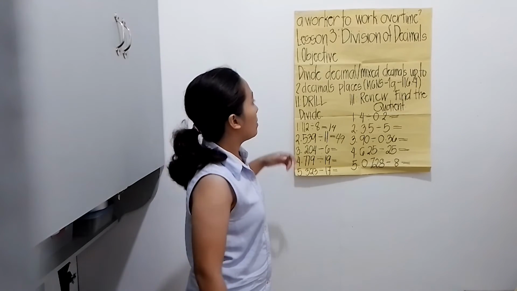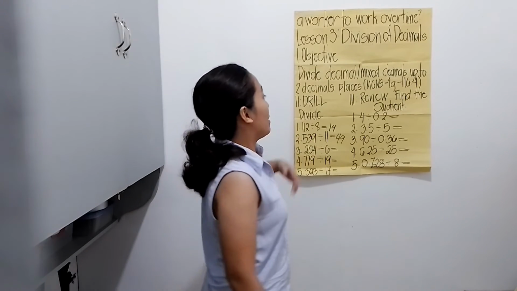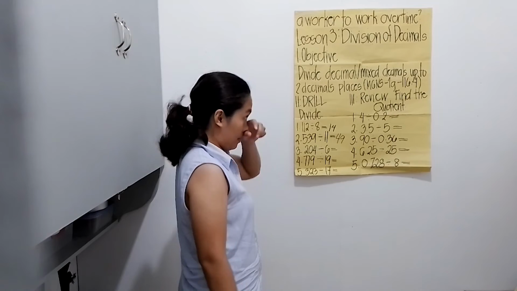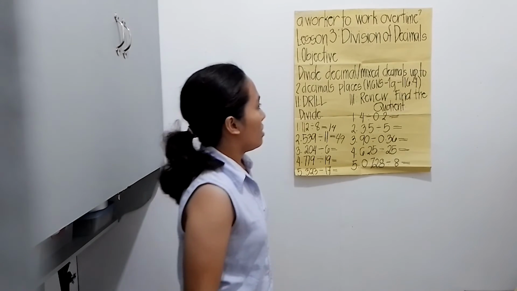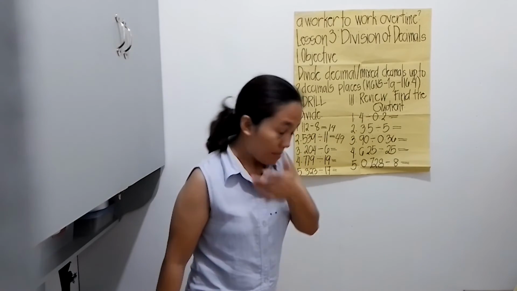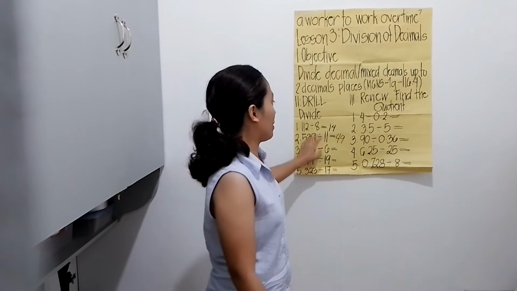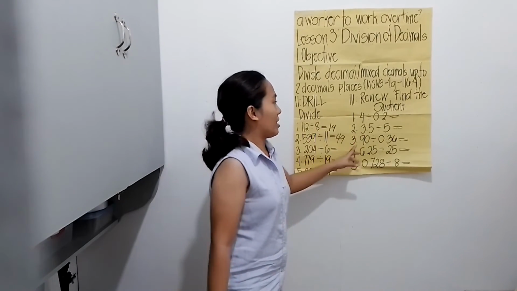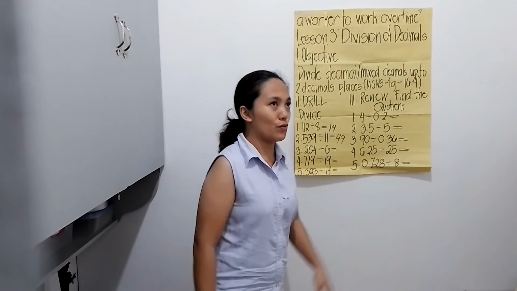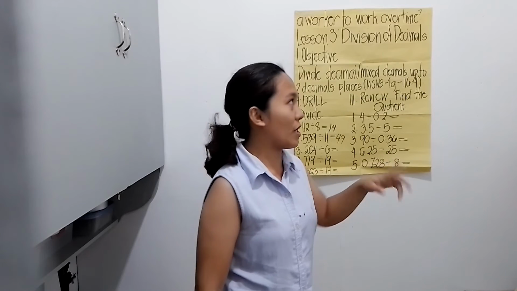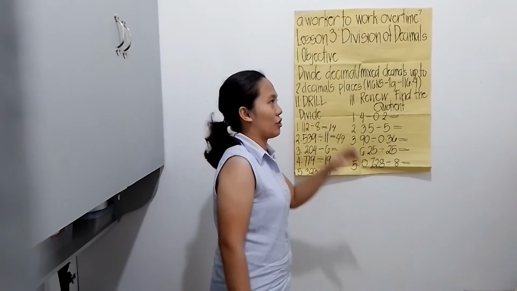Now these decimal places are some division of decimals. When this is decimals to another decimal, or decimals to decimals, fractions to fractions.